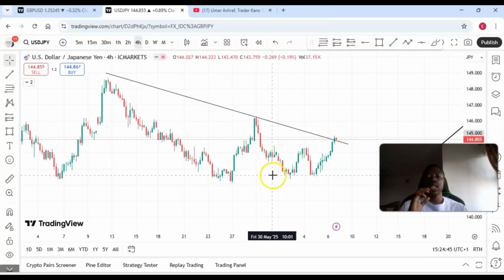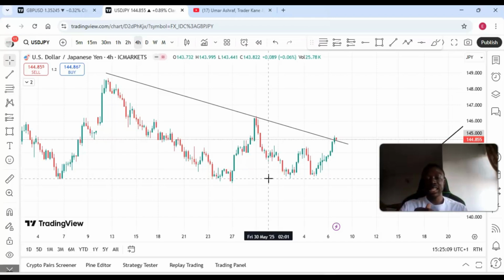Now let me just give us key points of drawing a trend line. The first thing that you have to do is that your trend line must have at least 2 touches. Meaning that what? If you are drawing a downtrend line, you must touch at least 2 peaks or 2 highs.